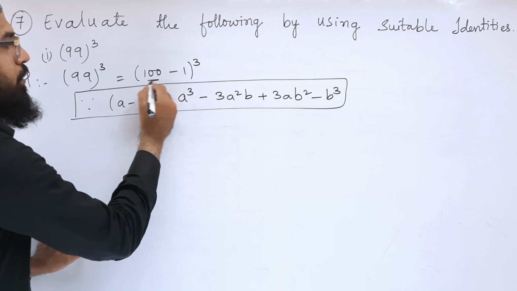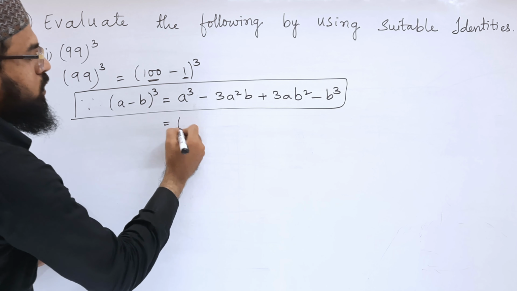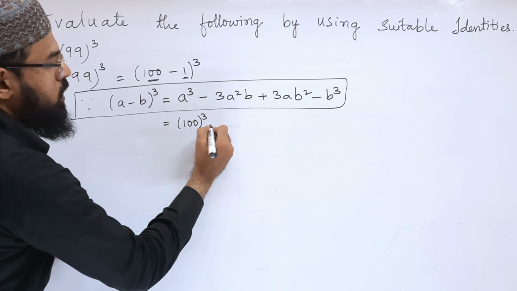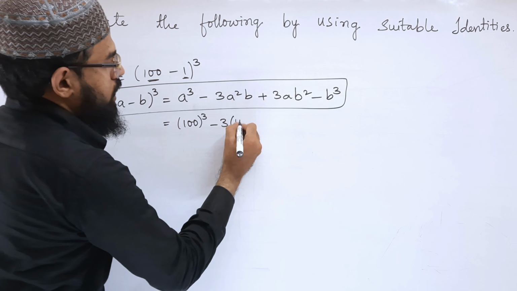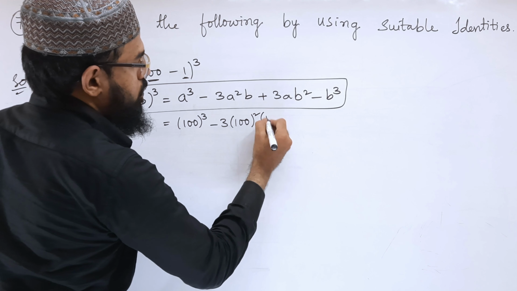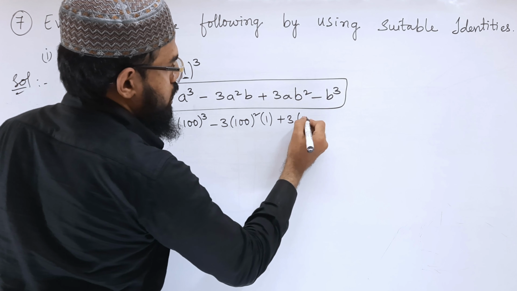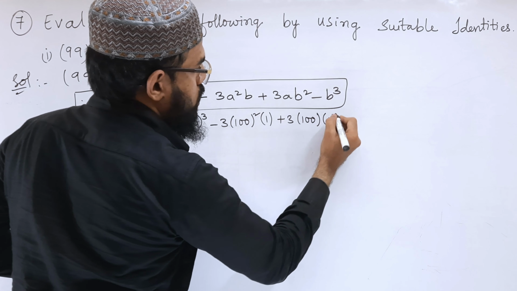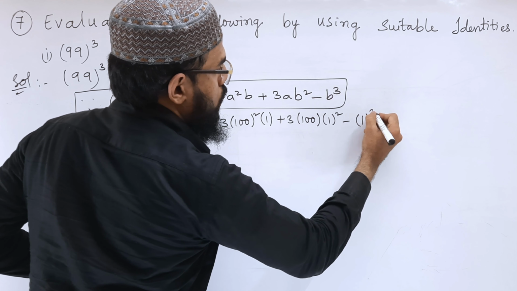A is 100 and b is 1. So 100 cube minus 3 times 100 square times 1 plus 3 times 100 times 1 square minus 1 cube.